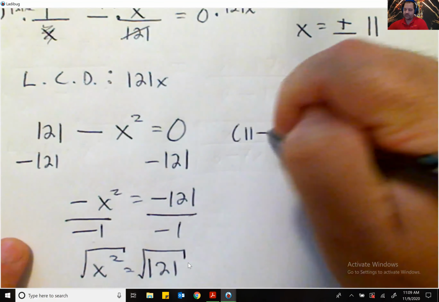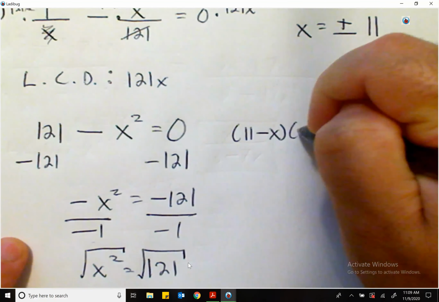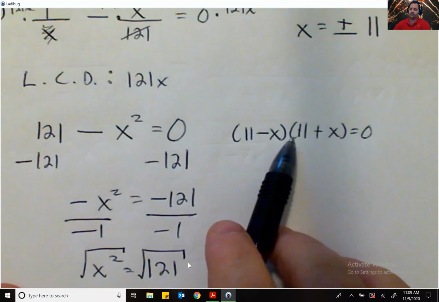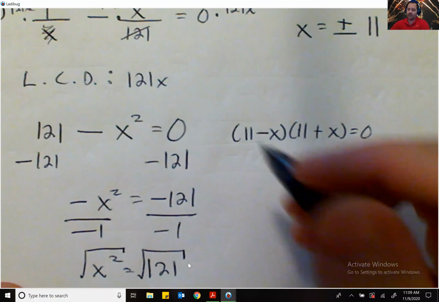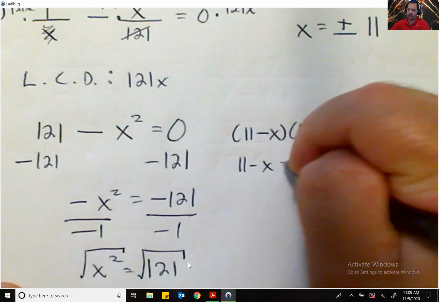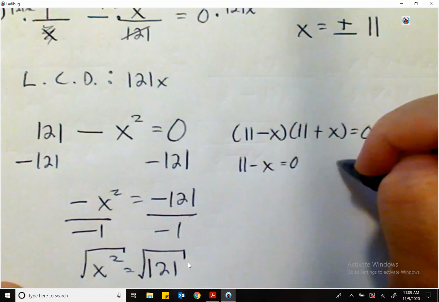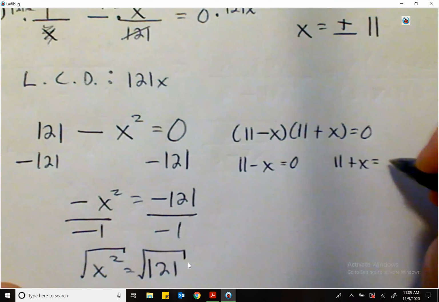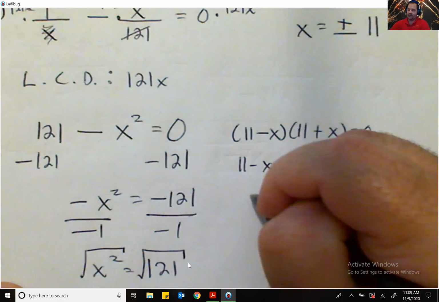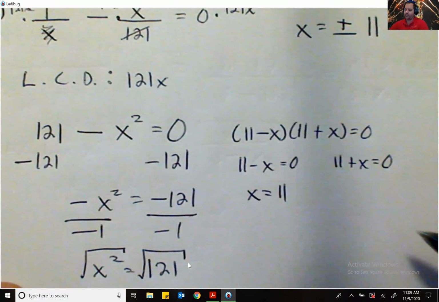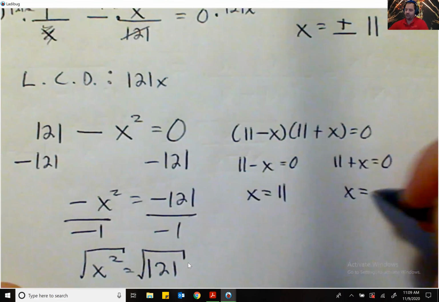11 minus x and 11 plus x equal to 0. It could have factored. And so you get 11 minus x equal to 0 and 11 plus x equal to 0. This guy becomes the positive 11, and this one is your negative 11.